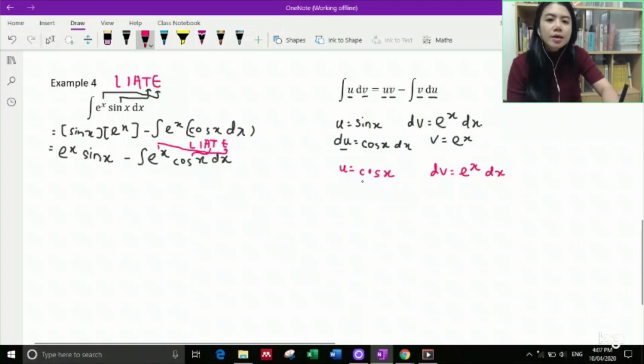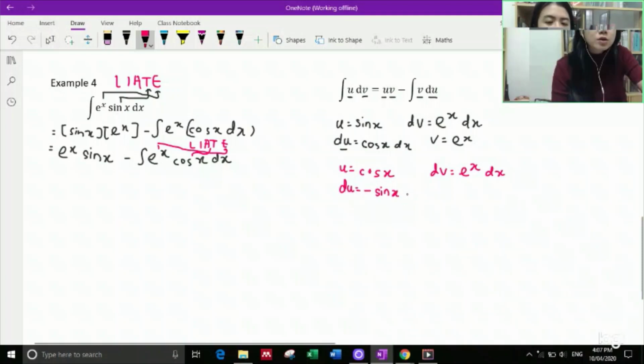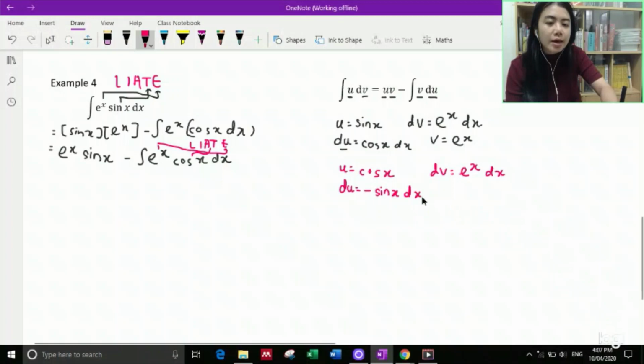Now we repeat the same steps again. For the left hand side, you do the differentiation. So you have the du, and differentiate the cos, so we have minus sine x. Don't forget, after you differentiate, write the dx. For the right hand side, you do the integration. So you have the v, and this is e to the x dx.